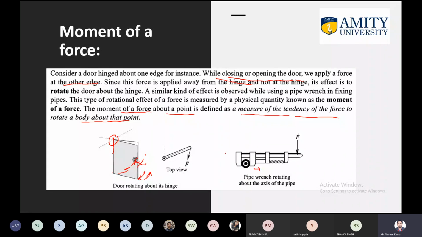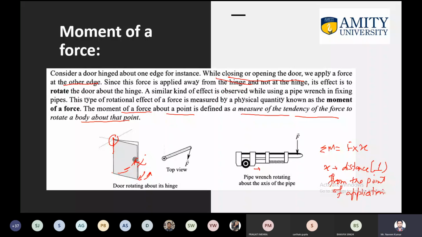We also know, as I have already given you, the expression: summation M is always given as F cross x, where x is the perpendicular distance from the point of application where we are acting the moment.